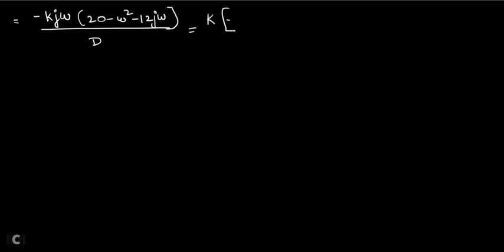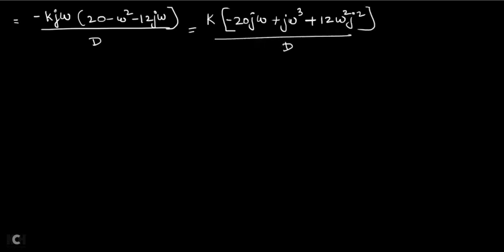So you are going to get minus 20 j omega plus j omega cube plus 12 omega square j square, divided by capital D. This if you simplify, what will you get in the numerator? Minus 12 omega square minus 20 j omega plus j omega cube, okay, whole divided by capital D. This is what you will get.